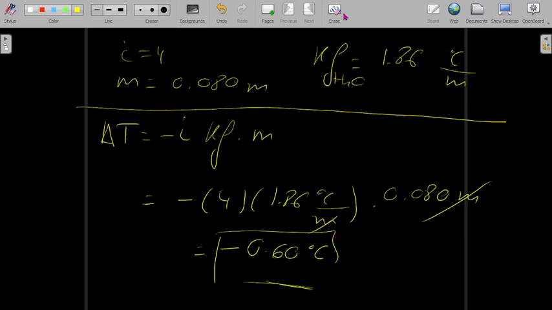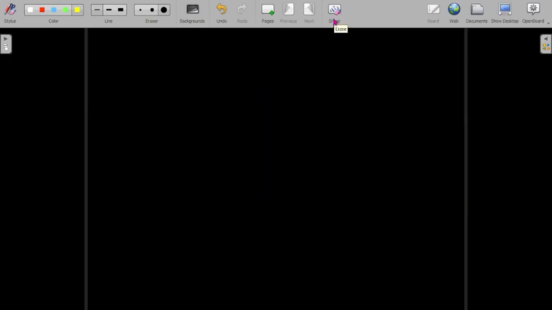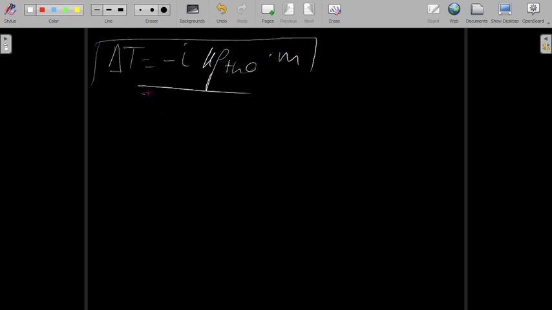Great. Now we can erase. Third section of this example. Let's see. What is the freezing point of a solution? So once again, they're asking for the freezing point. So that's the formula that we need to use. And what do they give us?